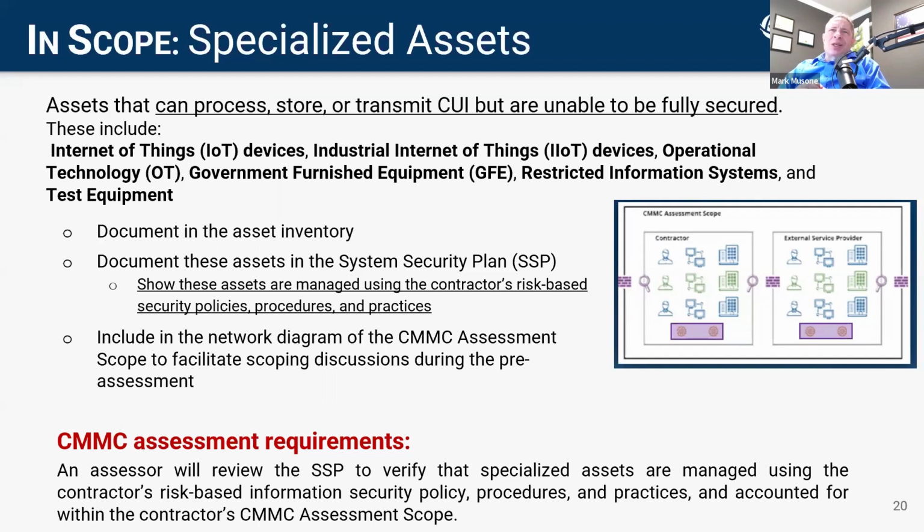So your oscilloscopes, your other types of test equipment, that's also considered a specialized asset. It needs to be fully documented. You should have some sort of compensating control to make sure that we're doing something a little bit above and beyond to protect that asset. But if all that is happening, then it's not going to be assessed.